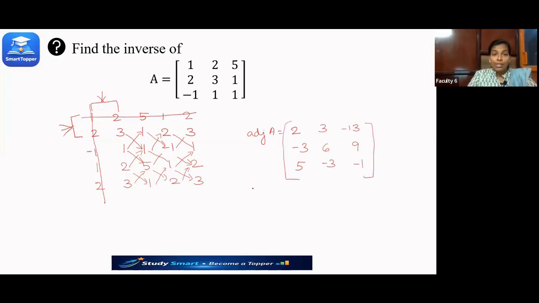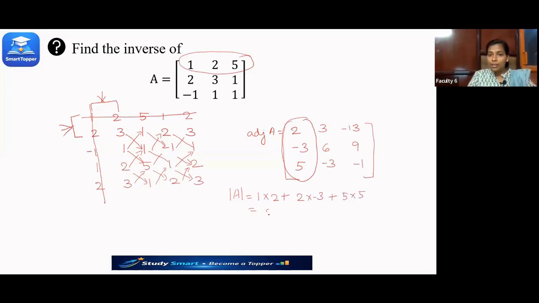Now we have to find what? The determinant. There is a trick for finding the determinant. First look at the first row of the given matrix and the first column of the adjoint. So determinant of A is equal to what? Multiply the corresponding elements: 1 into 2 plus 2 into minus 3 plus 5 into 5.